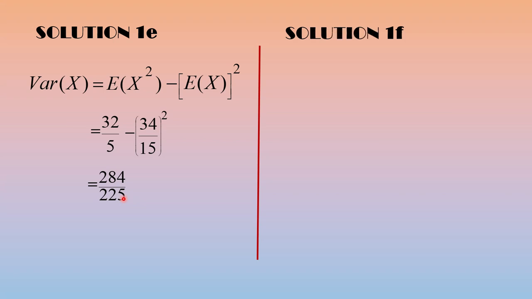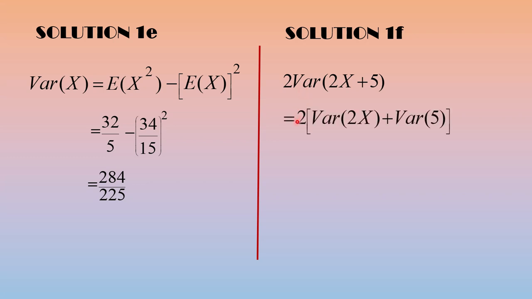And now the solution for (f). What is 2 times variance of (2X plus 5)? Therefore, we have 2 times variance of 2X plus variance of 5.